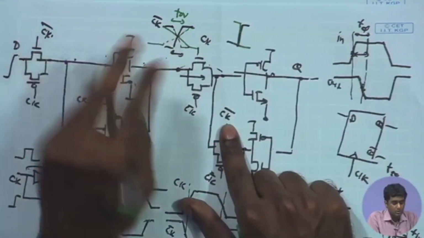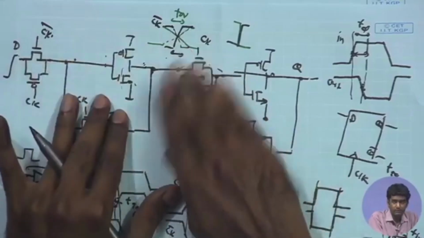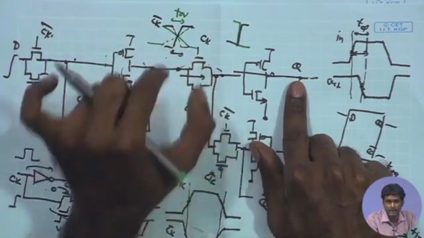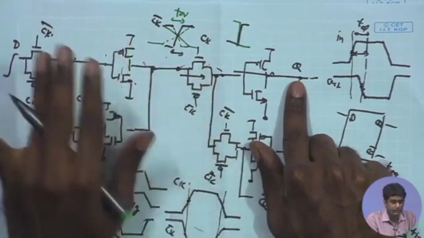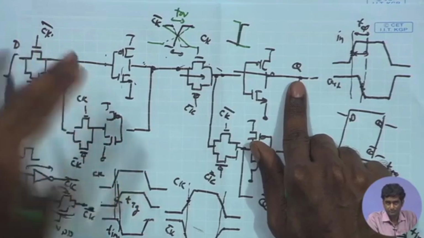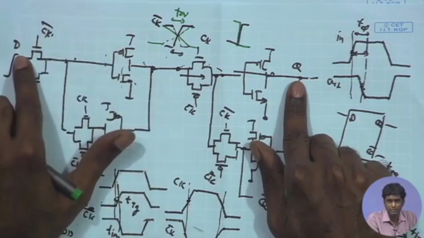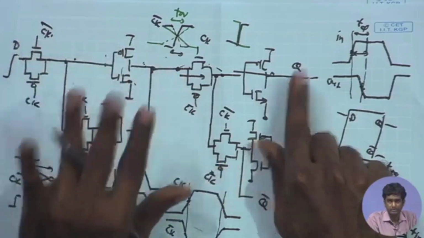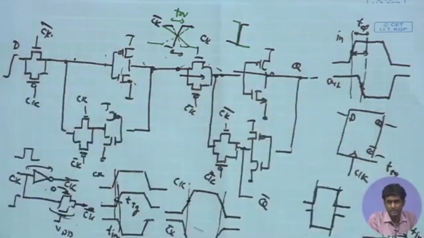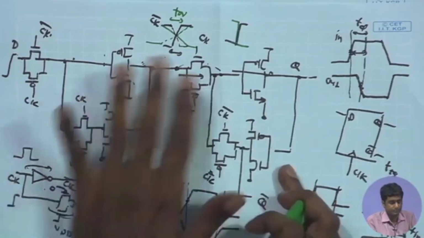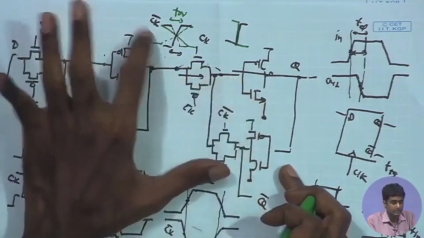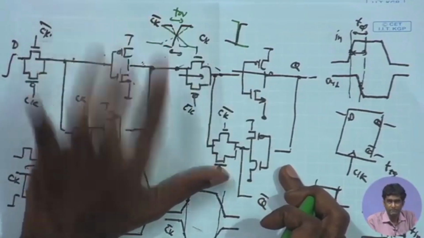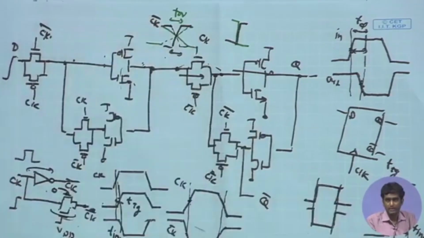So, the hold time will be bad in case you are having more overlap in the clock. However, in case you are having ideal clock edges, even if the data over here is transitioning just after the clock edge, it does not matter, because this has been cut off and the data over here is stable. But only in case you have overlap, this particular latch can give you a finite hold time. The data must be stable before the clock edge starts transitioning. So, that will be given by T overlap.